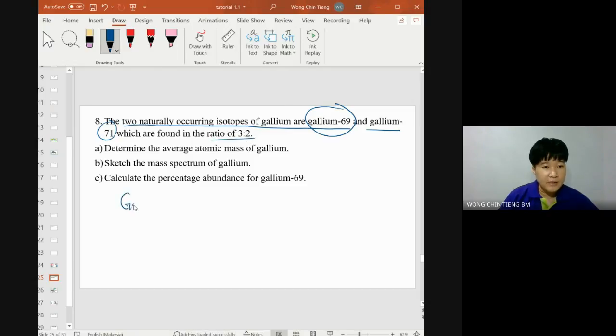So I have gallium-69 and also gallium-71 in the ratio of 3:2. That means the average atomic mass of gallium, macam soalan tadi, perlu cari percentage? Tak perlu, guna terus. The problem your friend had over here is dia tak bagi isotopic mass. Kalau tak bagi isotopic mass, guna terus nucleon number.